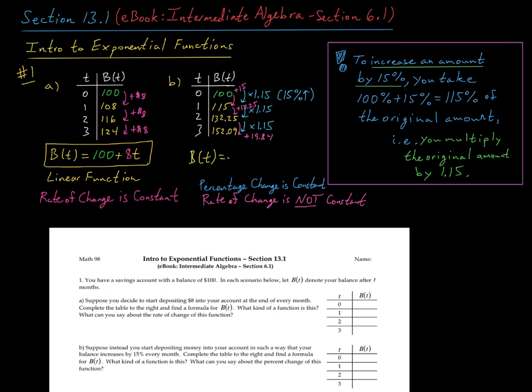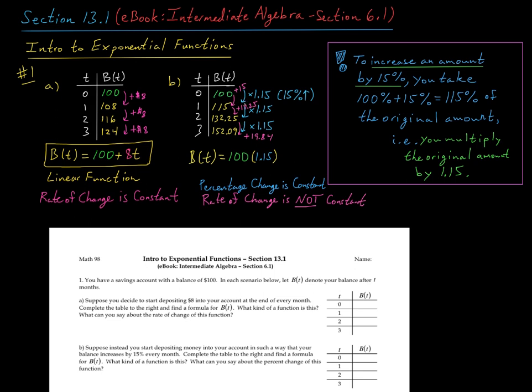How about a formula for the balance B of t? Okay, well, let's say I'm looking at the month 3 balance. How am I getting to 152.09 from this $100? Well, we're taking the initial balance of 100 bucks, and then we multiply it by 1.15 1, 2, 3 times. So in other words, take the 1.15 and cube it, right?